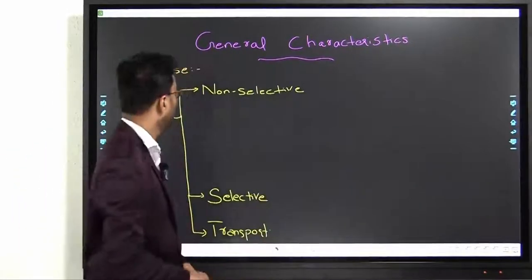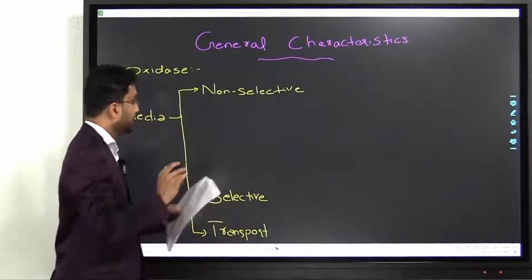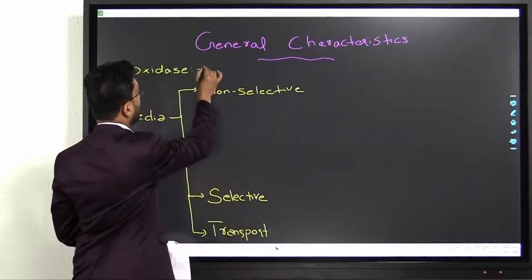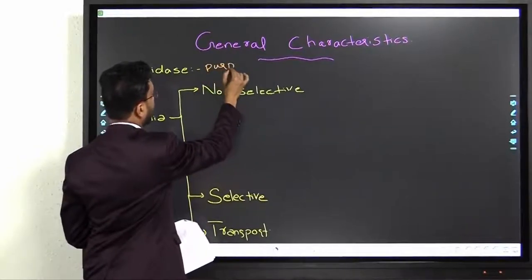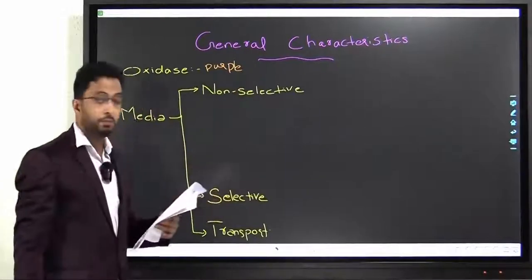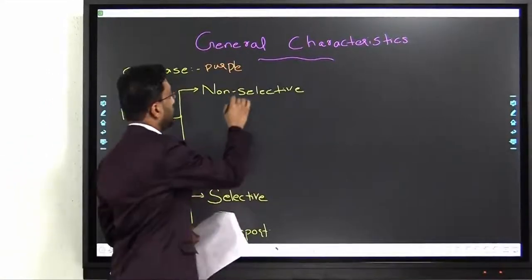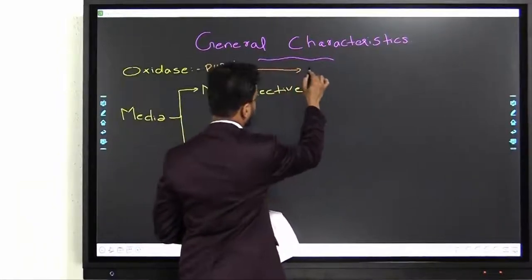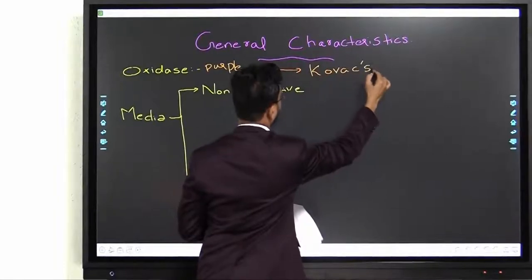Catalase positive also. Now, oxidase positive means they produce a purple, okay, deep purple discoloration, and there's a method called Kovacs method. You don't need to know the details.